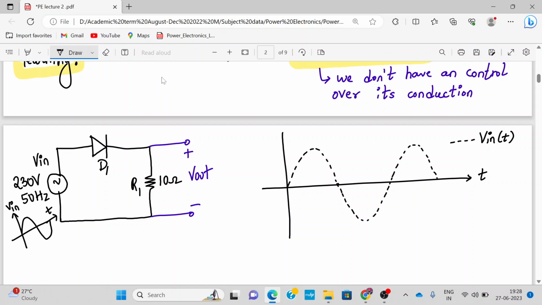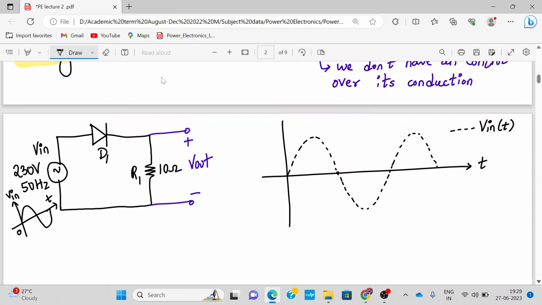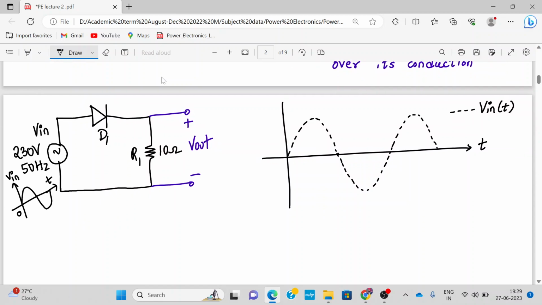Let's consider. So during the positive half cycle, the diode is on. In fact, whenever the voltage V in is greater than 0, the diode will be on. So when the diode is on, what will happen to the output?